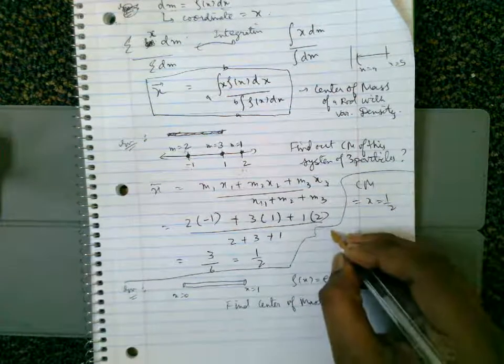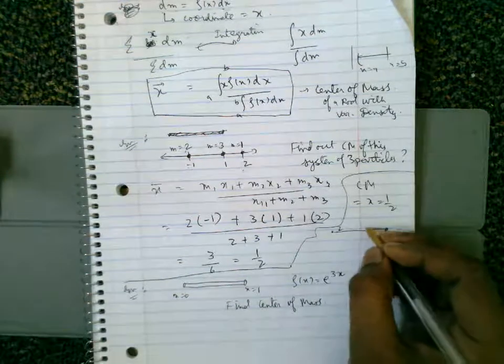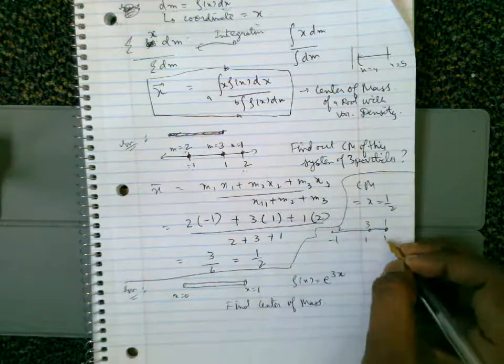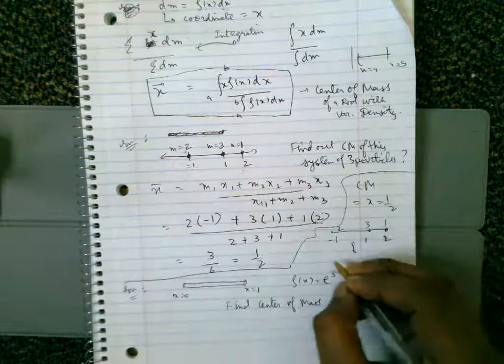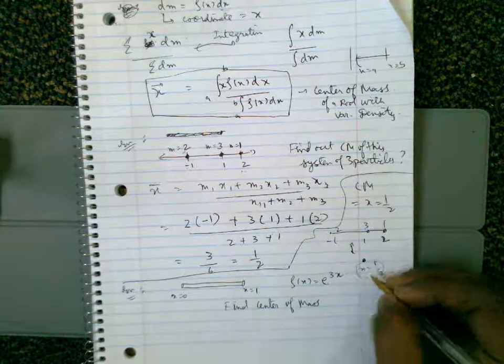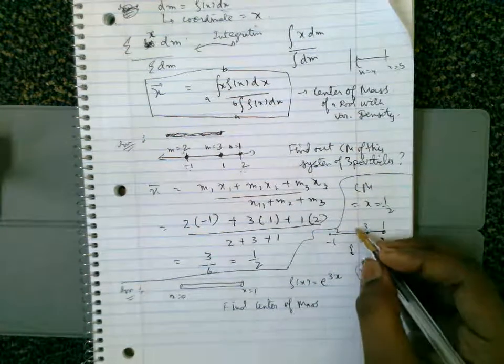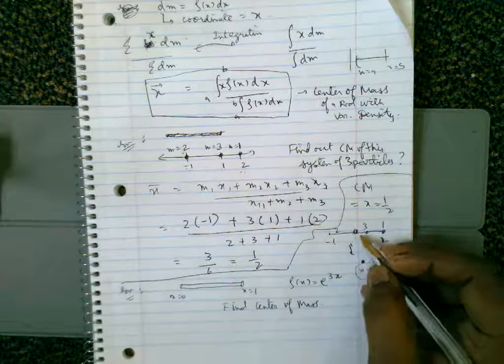So this system can be replaced with just a point mass at the point x equal to half. Notice that the center of mass is closest to where the system is most massive.